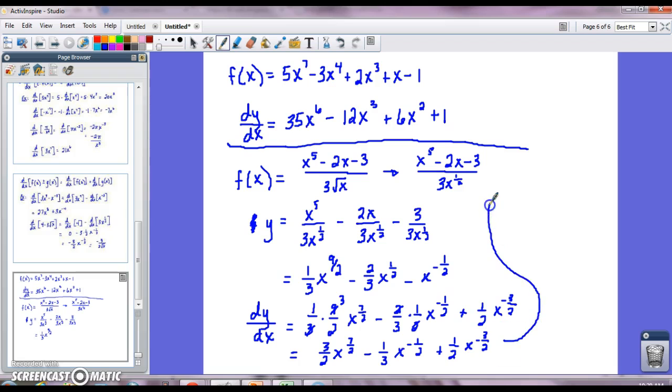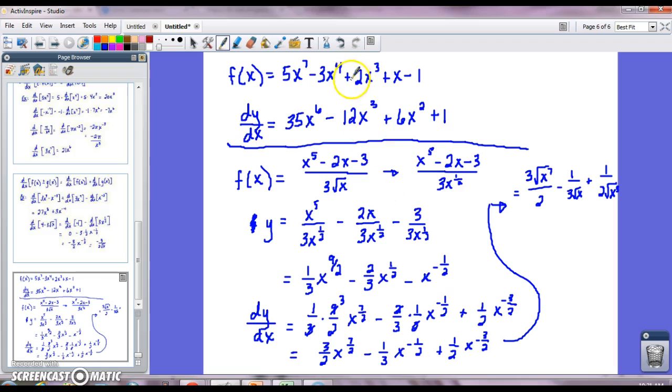If you wanted to write it with radicals in it, you would write that as 3 square root of x to the 7th over 2, minus 1 over 3 square root x, plus 1 over 2 square root x cubed. That's a cubed on the end there.